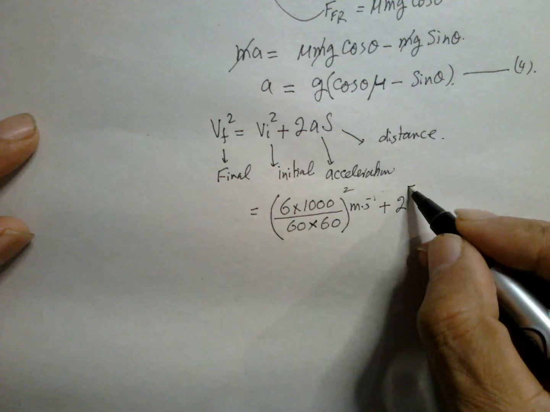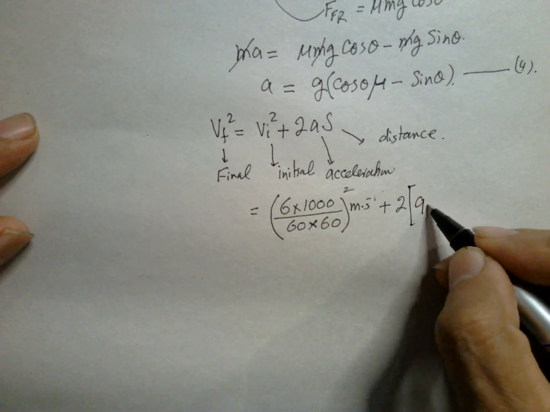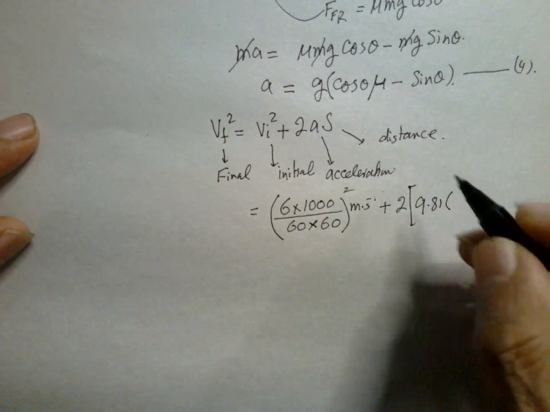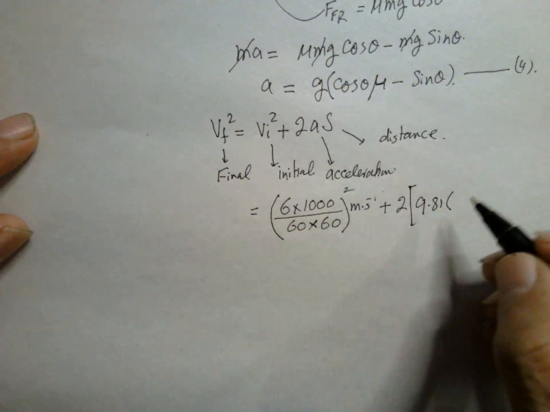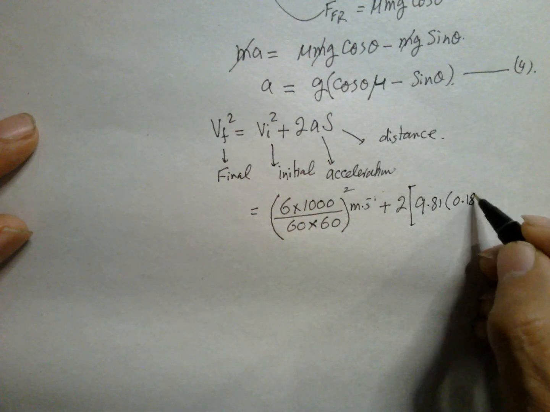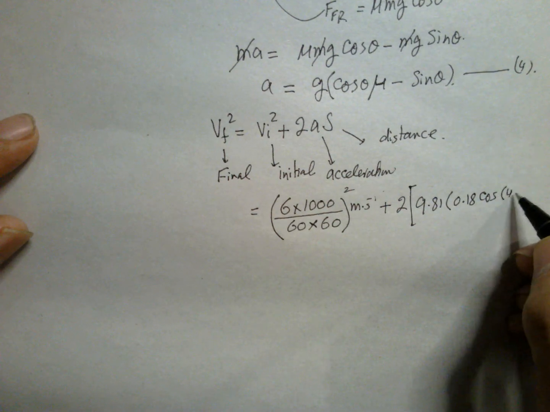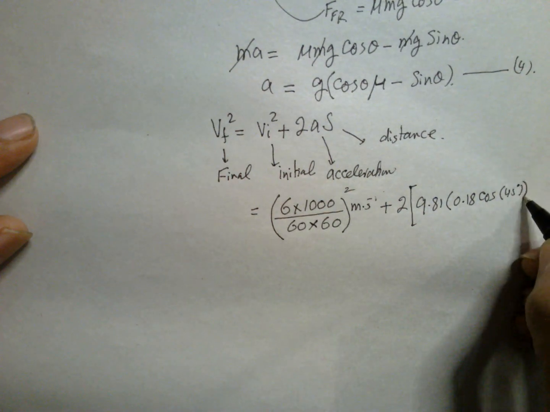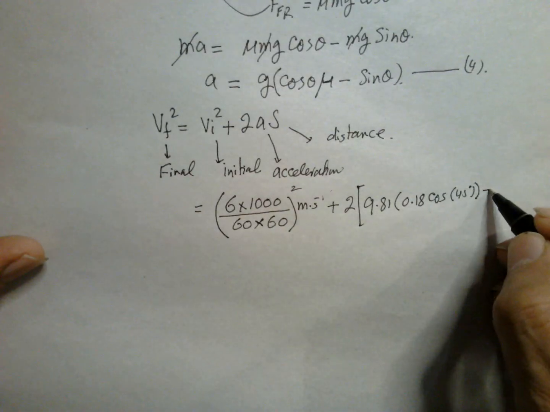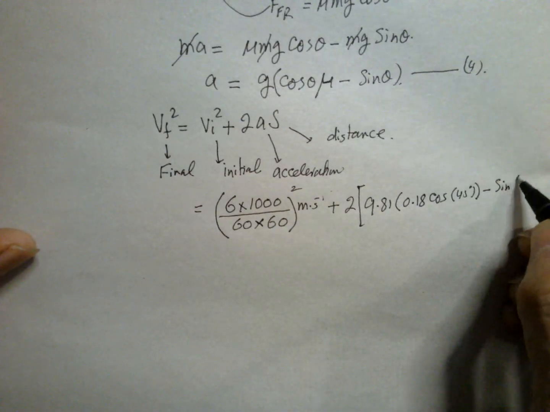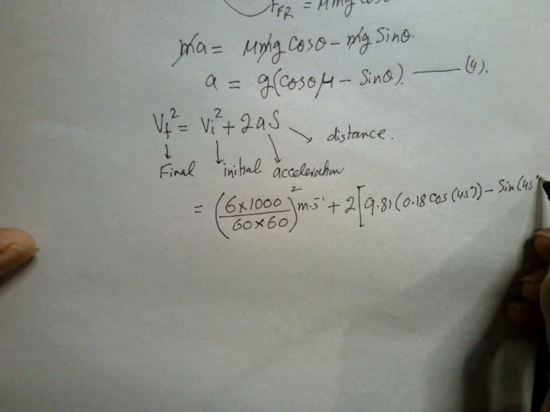A is this one: 9.81 into mu, which is 0.18, into cos of 45 degrees minus sine of 45 degrees.